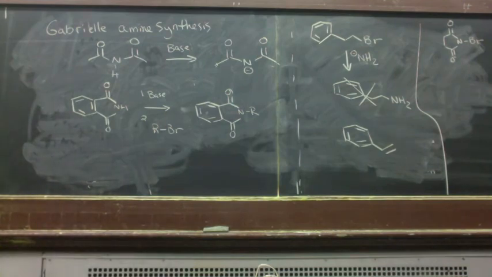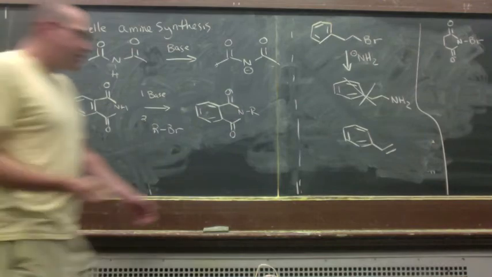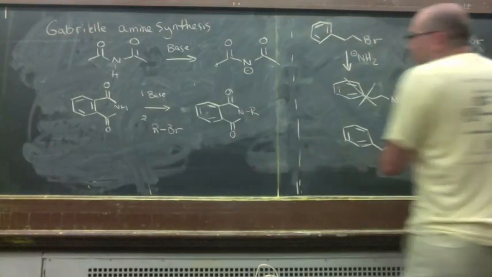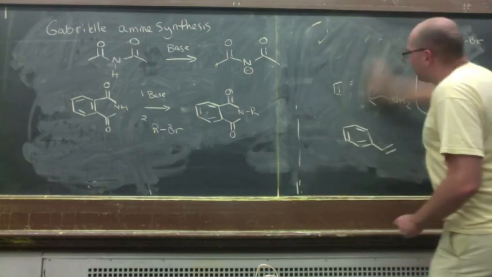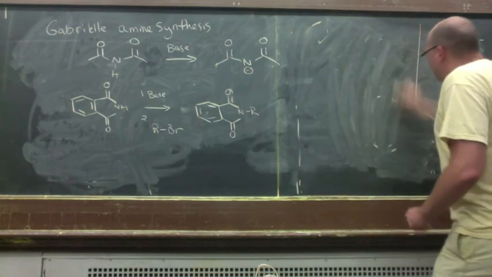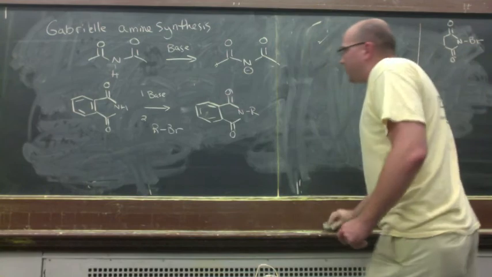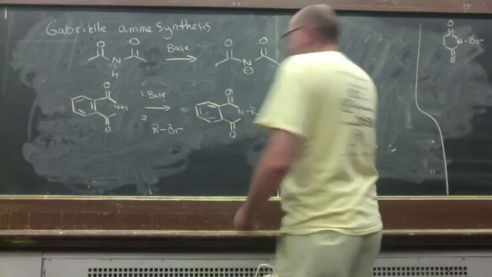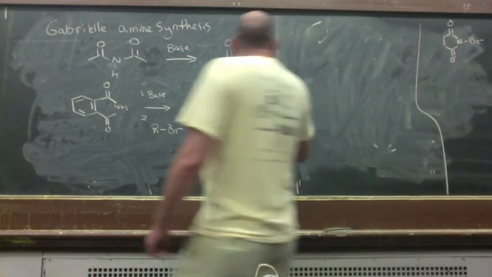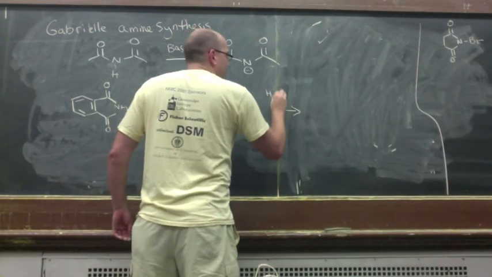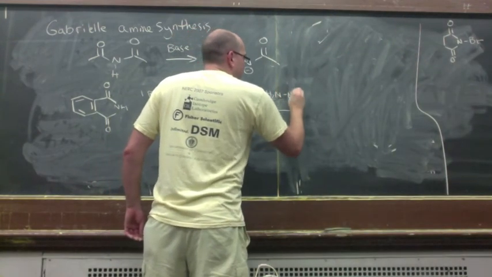And then, because this hydrolyzes a little bit easier than, say, an amide, you wouldn't necessarily do this with an amide, but you can do this with these imides. You can take this molecule and treat it with, well, it's actually a decent nucleophile, we've seen this in the past with Wolff-Kishner reduction, hydrazine.